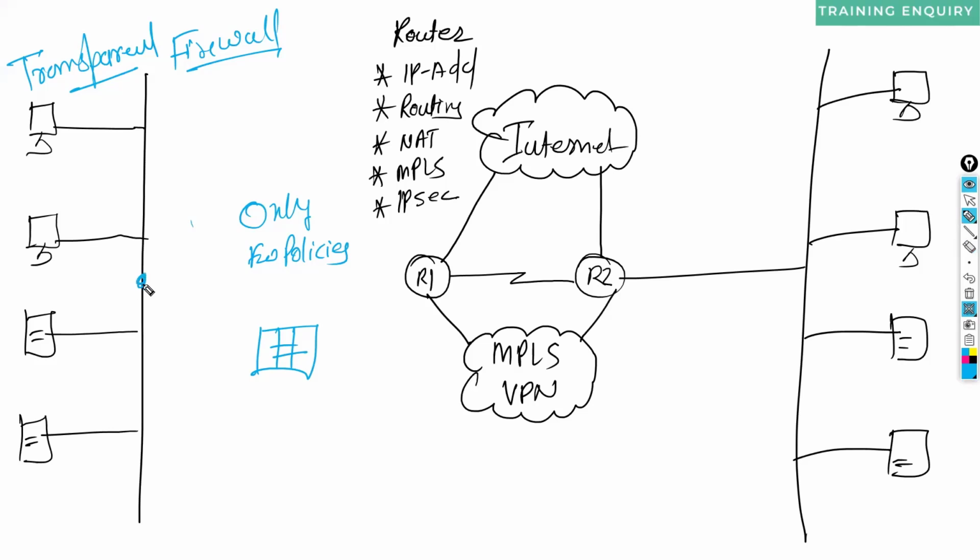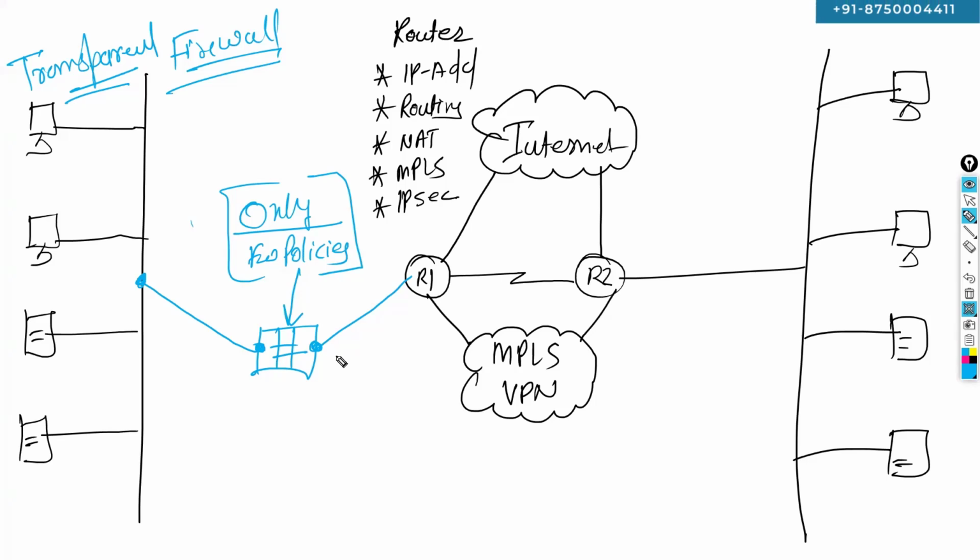Then we will connect the LAN with the firewall, the firewall with the gateway, and here we will deploy firewall policies.